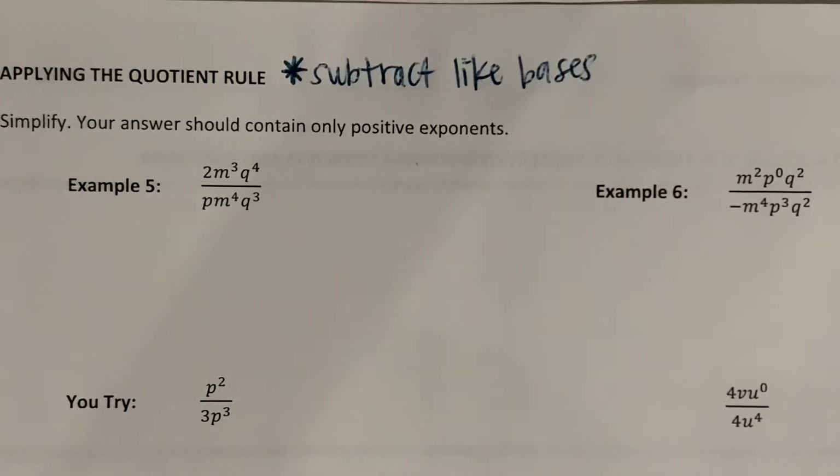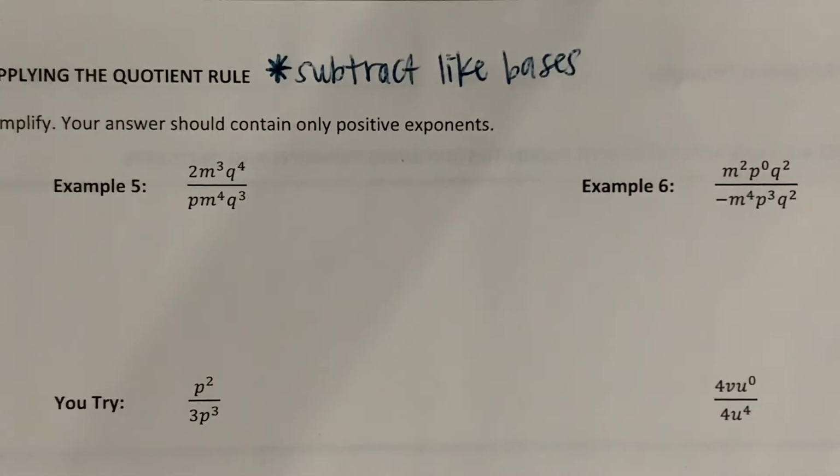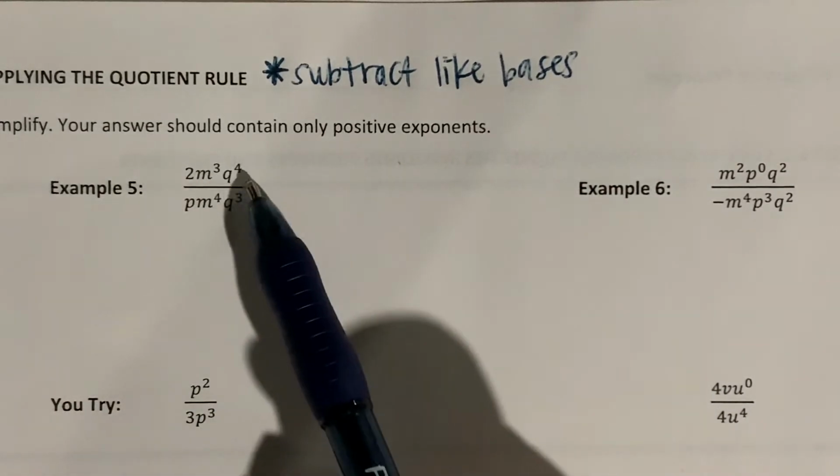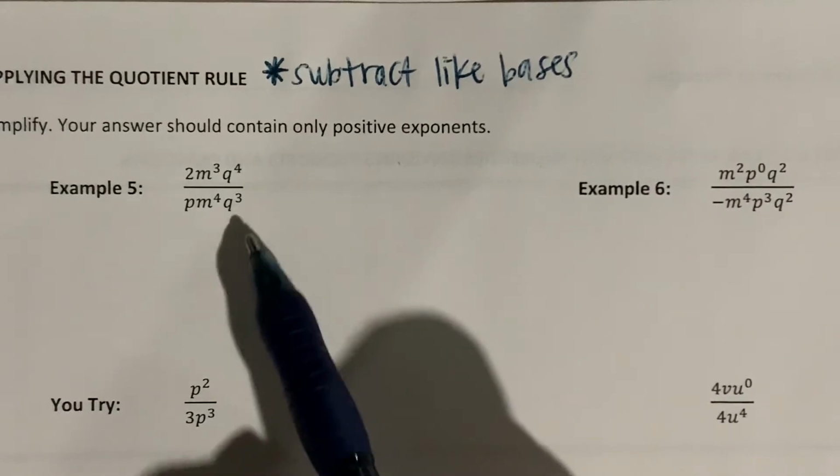And often I have students question, once I do the subtraction, where do I keep the exponent? Do I keep it in the top? Do I keep it in the bottom? Because again, with quotient rule, if you look at example 5, these are fractions, right? This is a quotient.